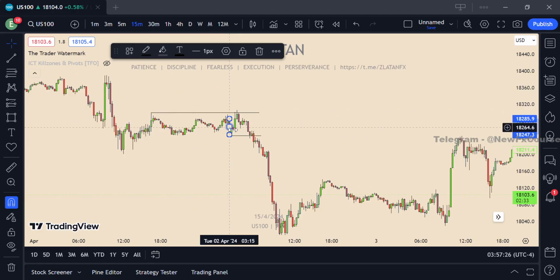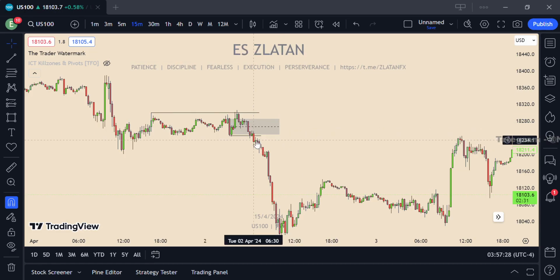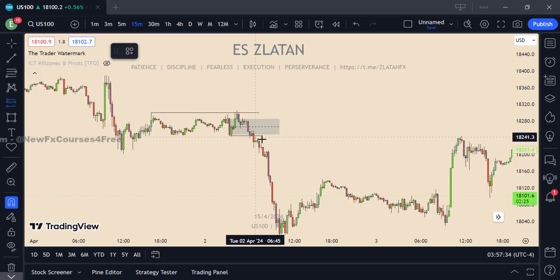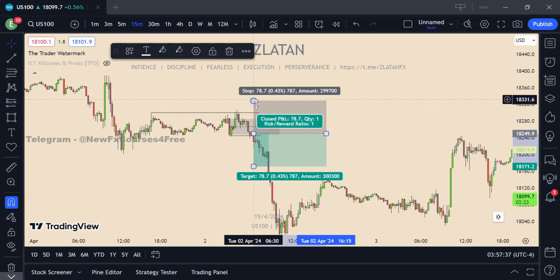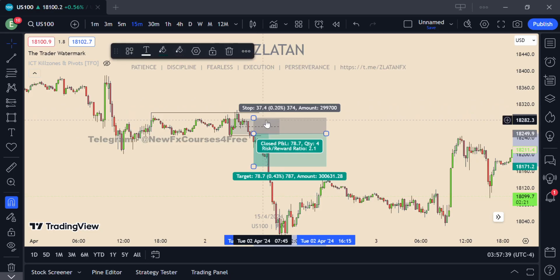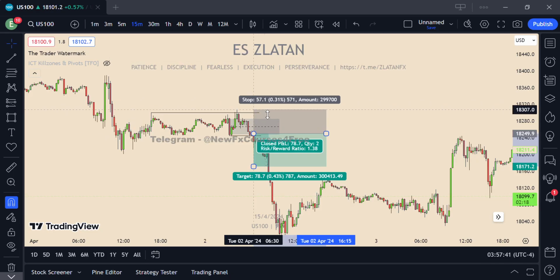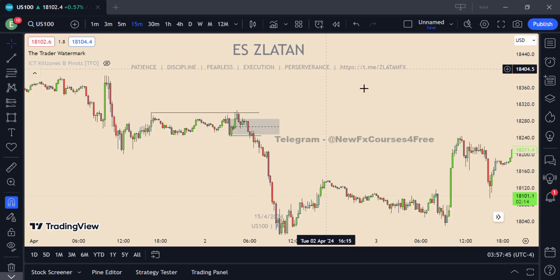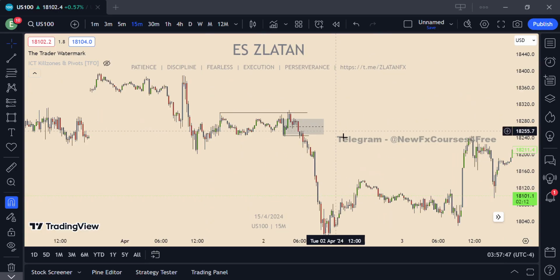This becomes your breaker. The moment we dig into it, look at these two candles that dig into it. That's your entry right there. You put your stop above the breaker, or you could put it at the high, and take it at 1 to 3 R usually. So that's the way you use the breaker entry.